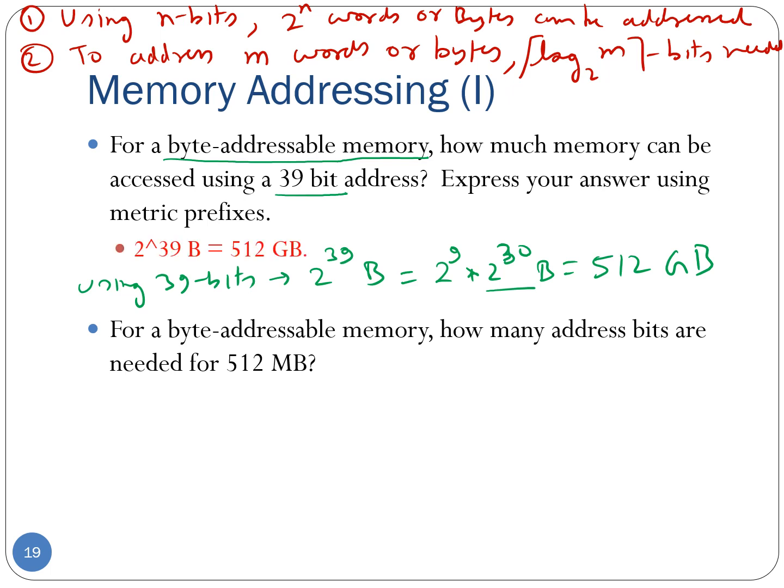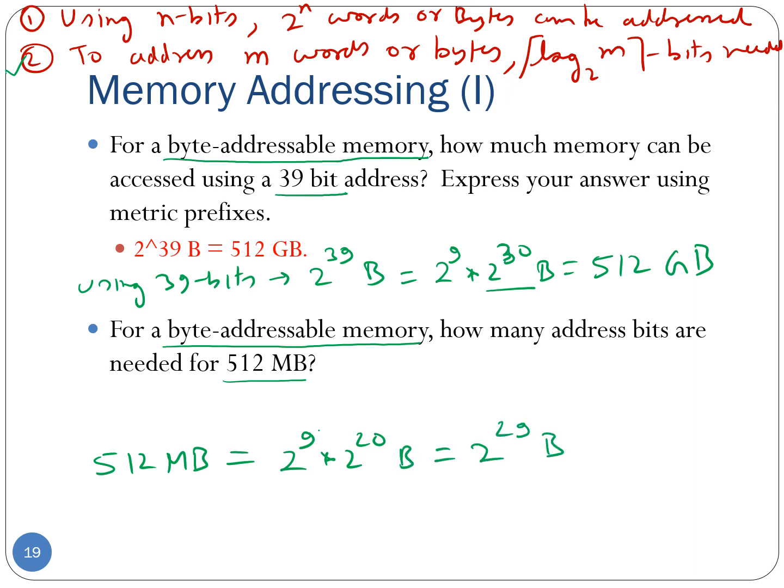The second problem here is again giving us a byte addressable memory, but the total size of the memory is given, it's 512 megabytes, and we need to figure out how many address bits would be needed. Now we will be using this second rule because we are given the size of the memory. So 512 is 2 to the power 9 and mega is 2 to the power 20, so this is 2 to the power 9 times 2 to the power 20 bytes, which is 2 to the power 29 bytes.